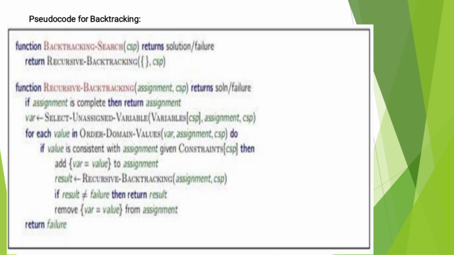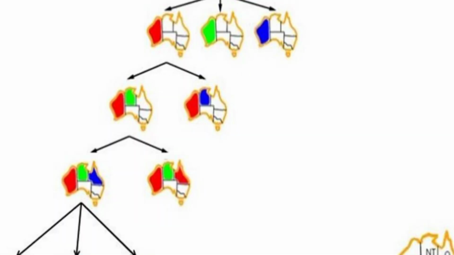The result is recursive backtracking of assignment, CSP. If the result is not failure, then it returns the result. Otherwise, it is failure, and it removes the assignment value from the assignment. It is repeatedly checked until there is a result or failure. The final result is either obtaining a goal state or not.